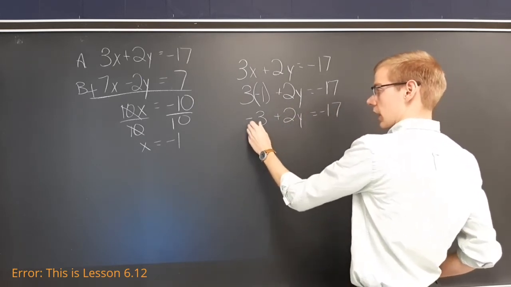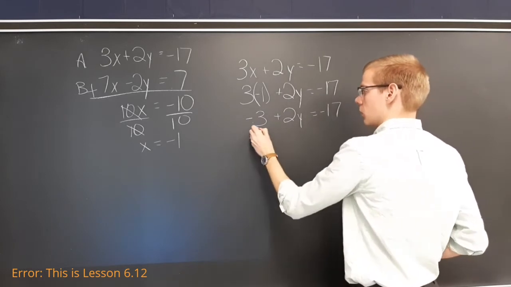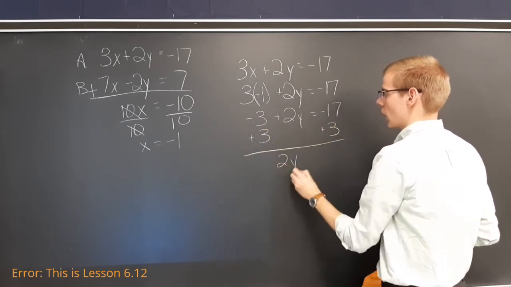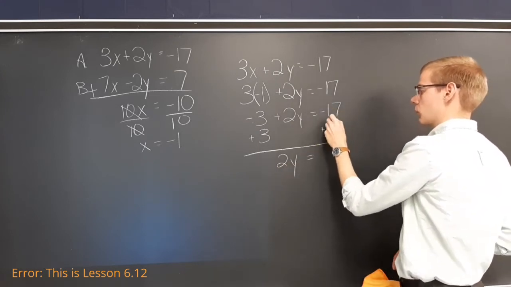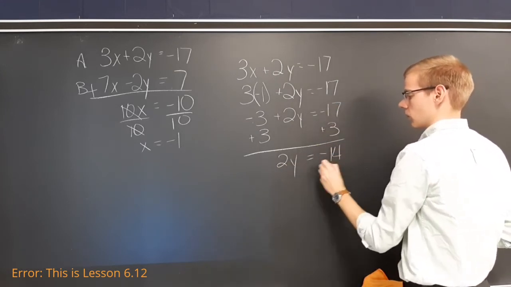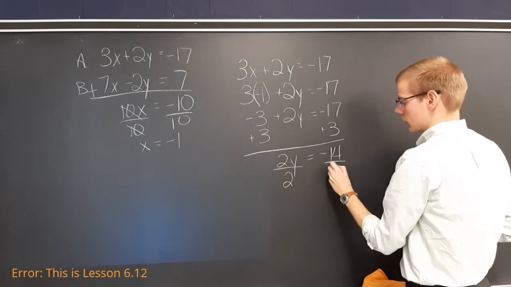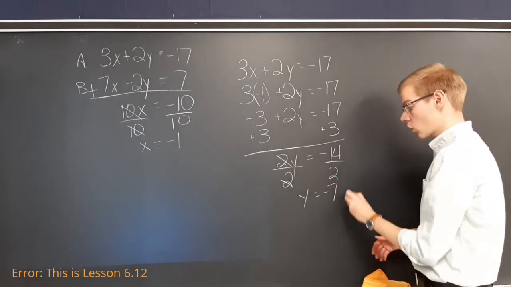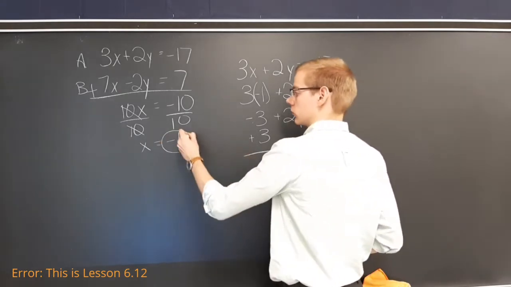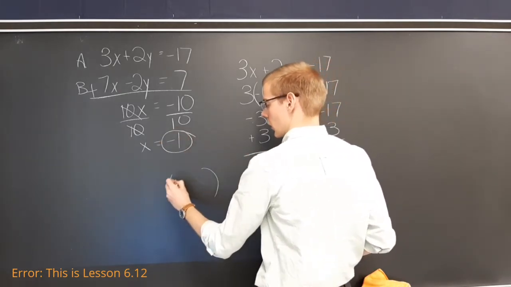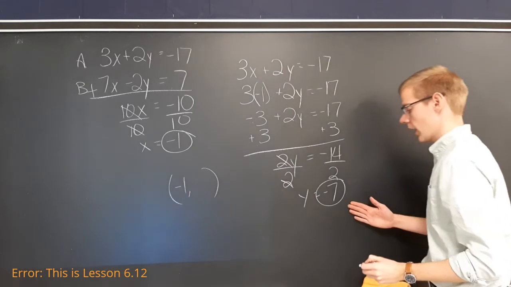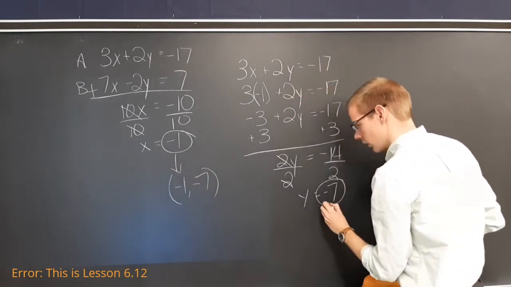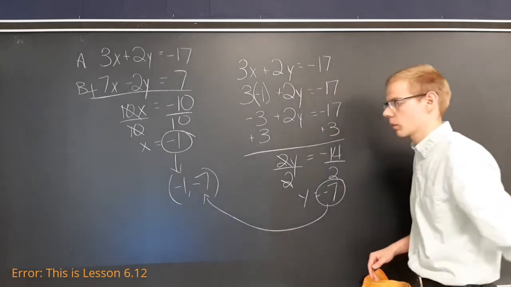Now bring the negative 3 over to the other side, plus 3 on both sides. 2y equals negative 14. Divide both sides by 2, y equals negative 7. Our coordinate now is negative 1 and negative 7. That one comes from there, and this one comes from here.